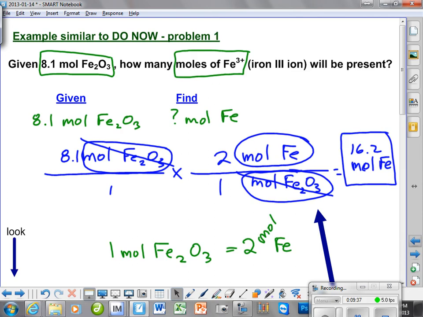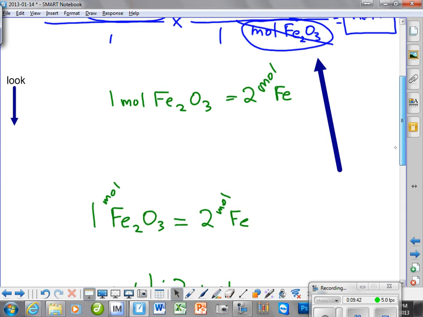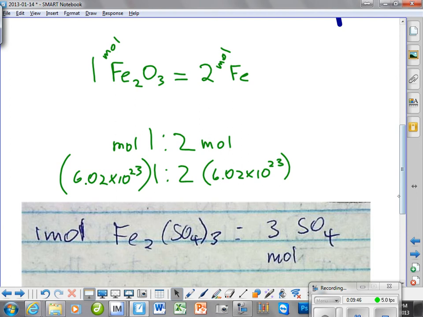Oh, we've got to go down here below. Let's look at some of this stuff. This is really good. I've got this thing written down there, and this is essentially a 1 mole to 2 mole relationship.